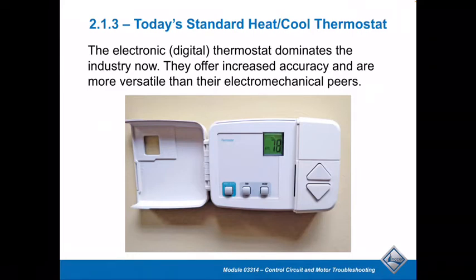There are not anticipators anymore, but what the anticipator was replaced by was something called a cycle rate adjustment. The cycle rate adjustment allows you to either increase the cycle rate if you want a tighter band, or decrease the cycle rate if you want a bigger swing.